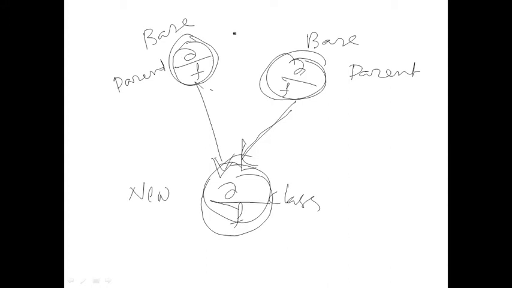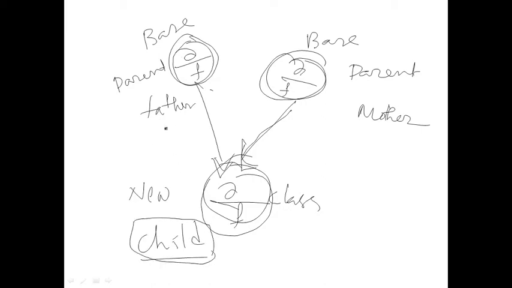As an example, we can say father, mother, and child. In this case, the child has come from father and mother. It's not directly a new class created, but inherited from these existing classes.